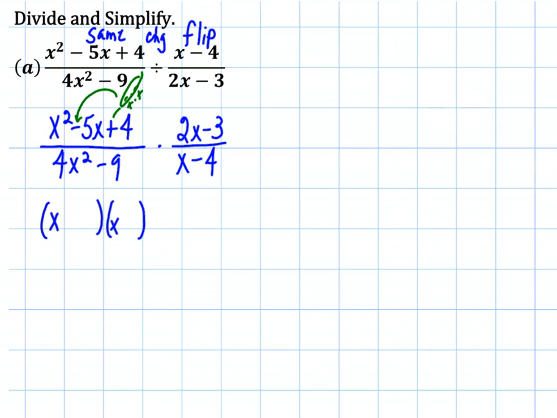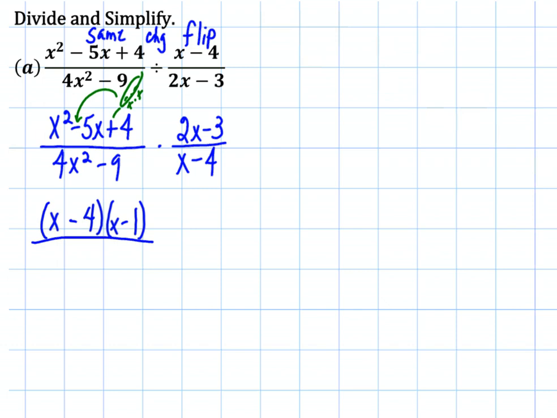So I have a negative here and a negative here, and we'll have 4 and 1. And we can check this: negative 4x and a negative 1x give me a negative 5x. So that's good. Now let's look at the denominator.